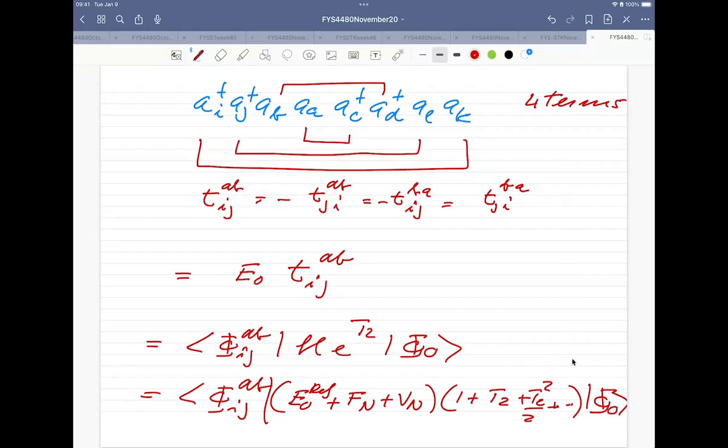So if we take the first term, then what we see with the first term is that we are going to have a constant E0 ref multiplied with 1 and phi 0 and that one. So that has to become 0, right? So this one with that gives us 0, because we are trying to match a state which is a 0-particle 0-hole with a 2-particle 2-hole. The next term is more interesting.